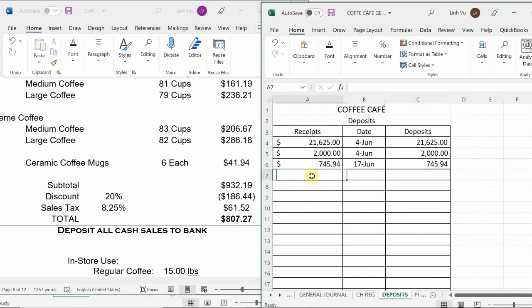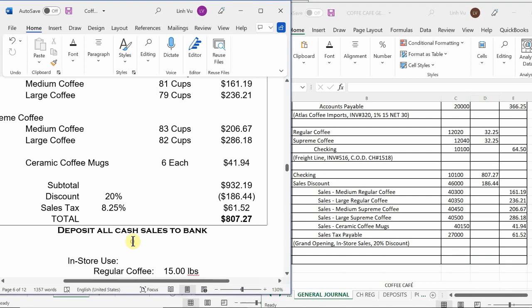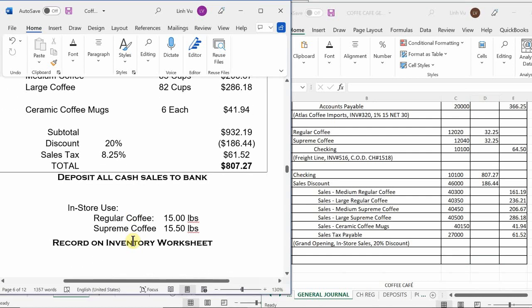Because we received $807.27, and today is when we deposited $807.27. Right?